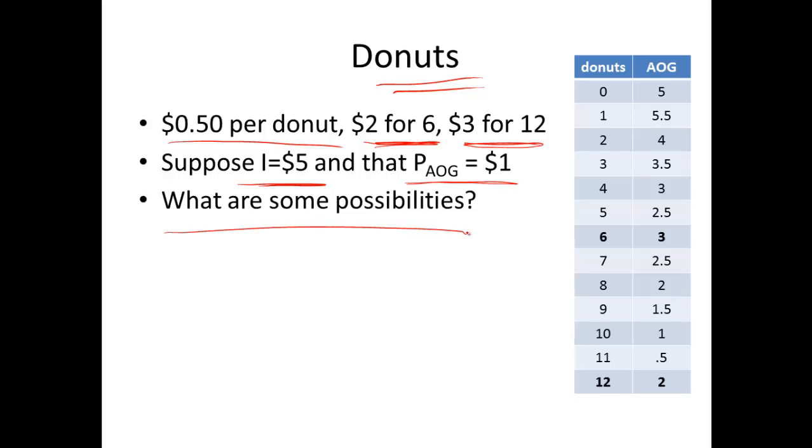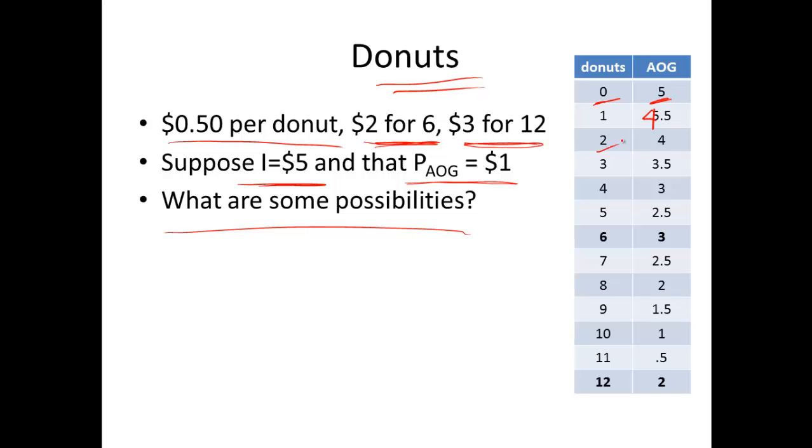And then we can think about what the various consumption possibilities are. So in this table, we can put basically points along the budget constraint that the individual could conceivably choose among. The individual could buy 0 donuts, and then they would have $5 with which they could buy 5 units of the other good. Or the individual could buy 1 donut, which would cost 50 cents, leaving, this should be a 4, not a 5, $4.50 for the other good, and they could buy 4.5 units.